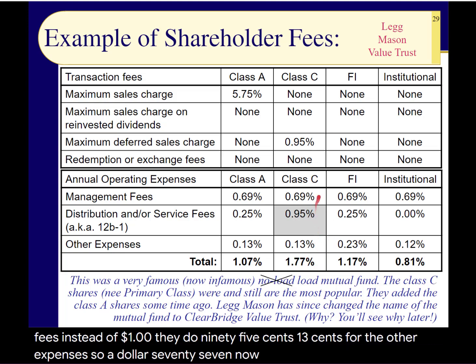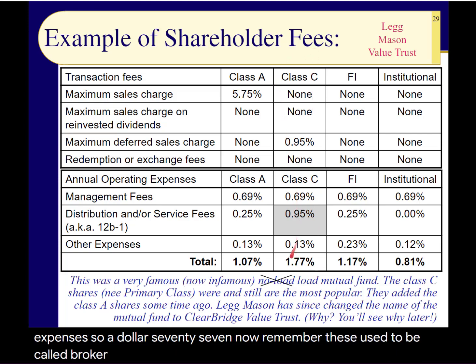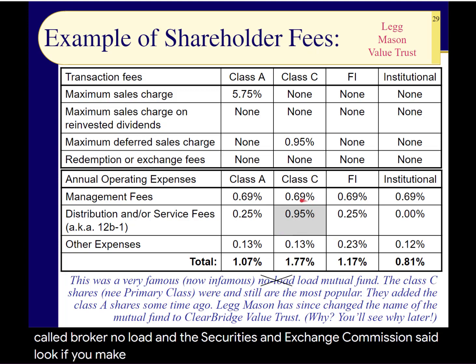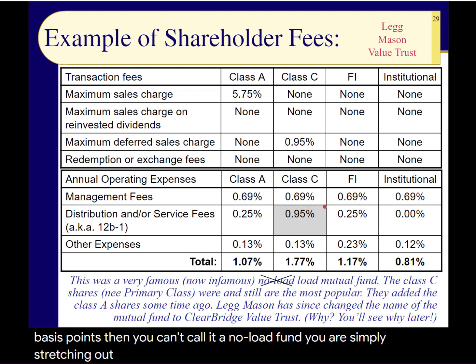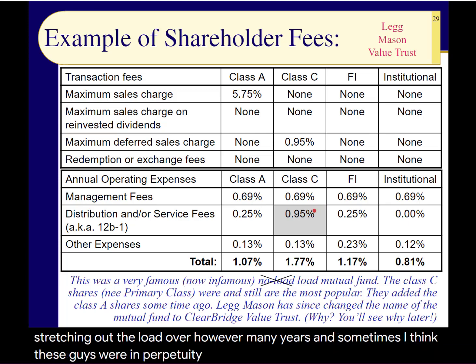Now, remember, these used to be called broker no-load, and the Securities and Exchange Commission said, look, if you make this 12B1 fee more than 25 cents on $100, 0.25%, you'll hear people say 25 basis points, then you can't call it a no-load fund. You are simply stretching out the load over however many years, and sometimes I think these guys were in perpetuity.